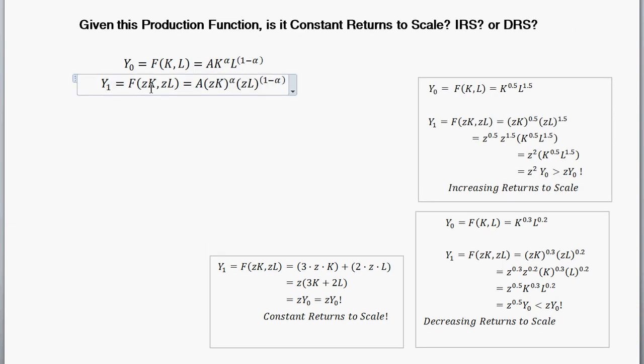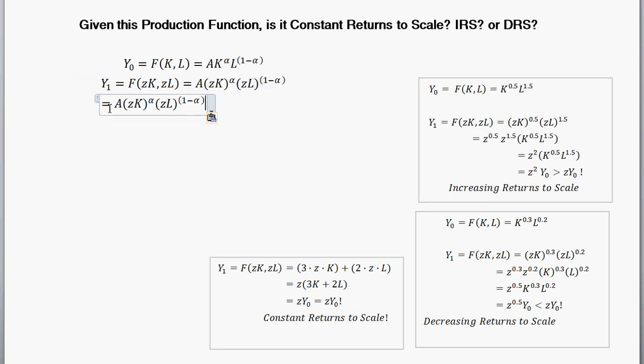So we've increased the inputs, capital and labor, by z, and you can see I've distributed z throughout there. So let's add that in. I'm going to pull out z from capital, so it's going to be z raised to the alpha.